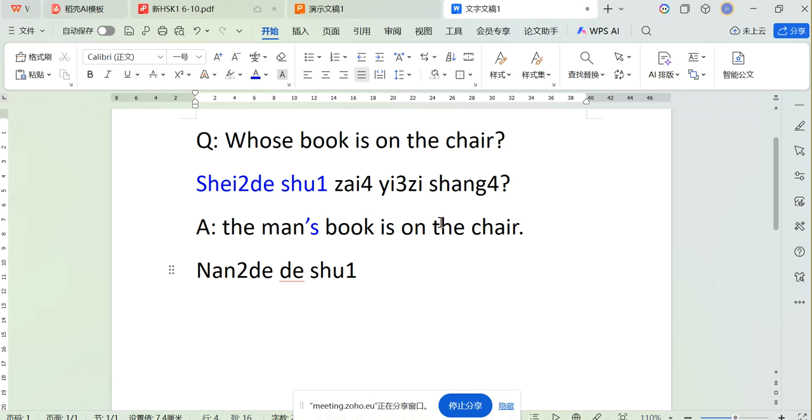And on the chair. We repeat again. What is on the chair? 椅子。 在椅子上。 Nice.